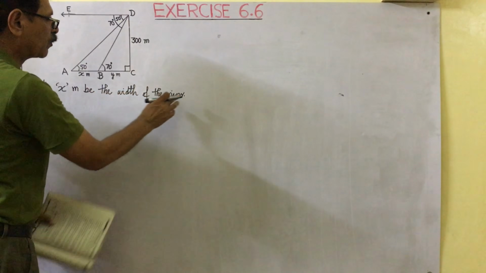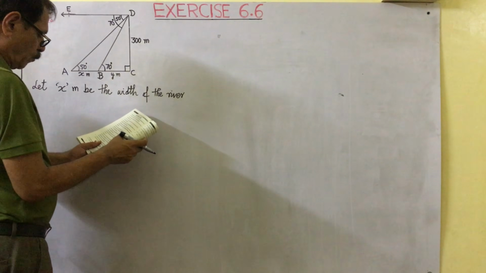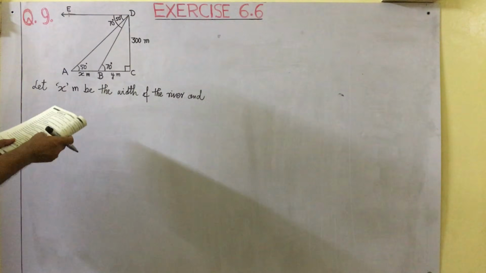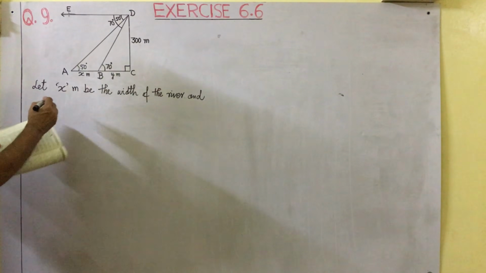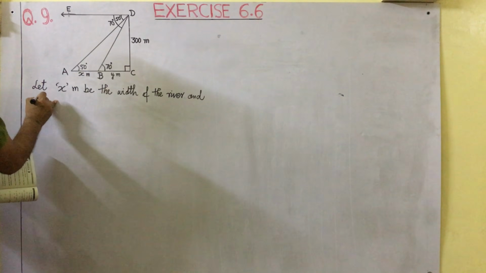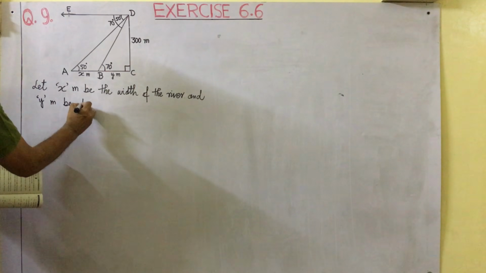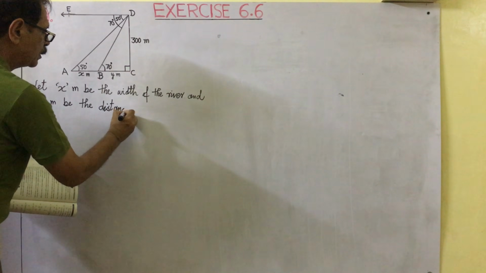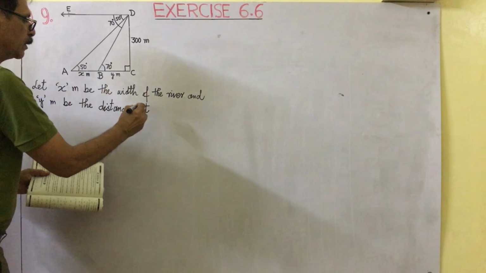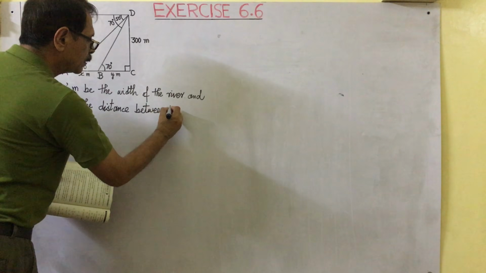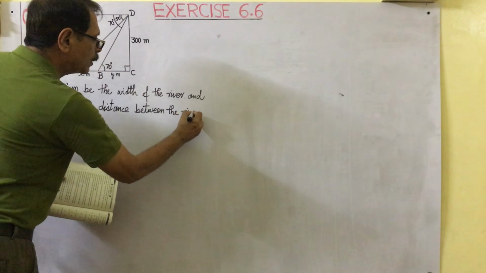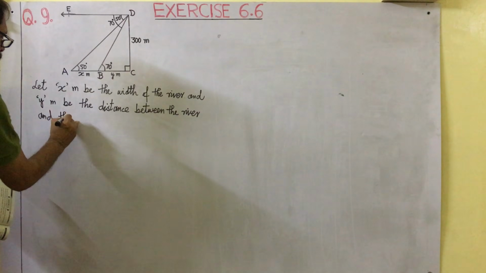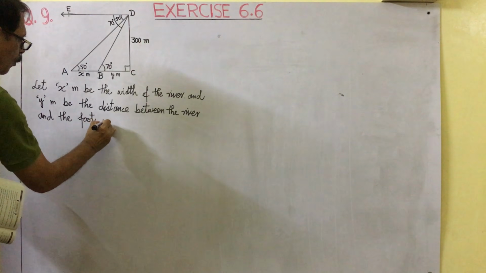Let x meters be the width of the river, and y meters be the distance between the river and the foot of the hill.